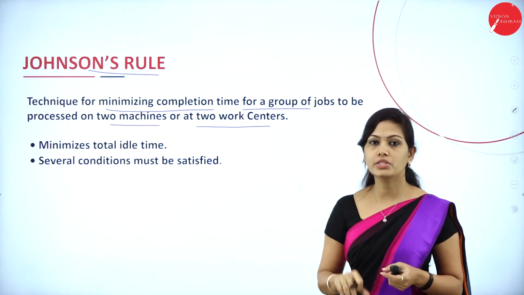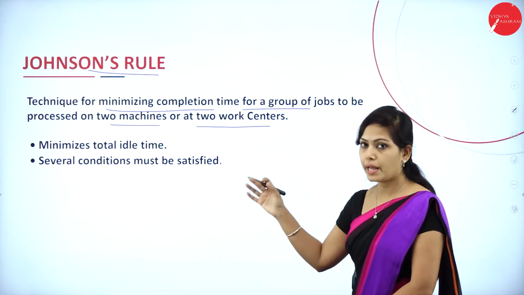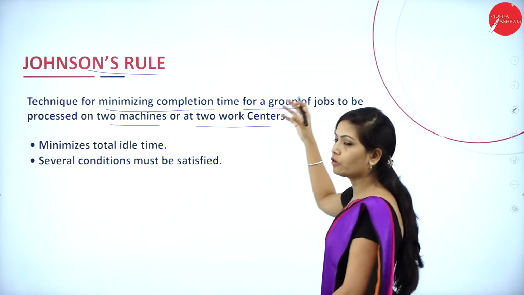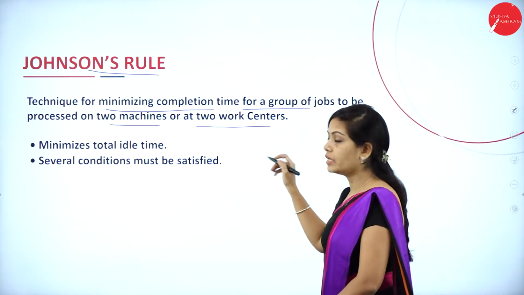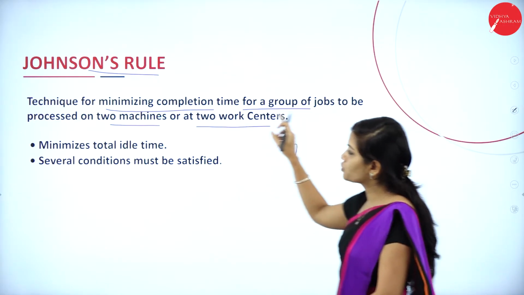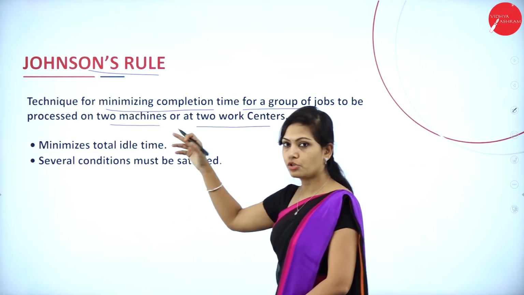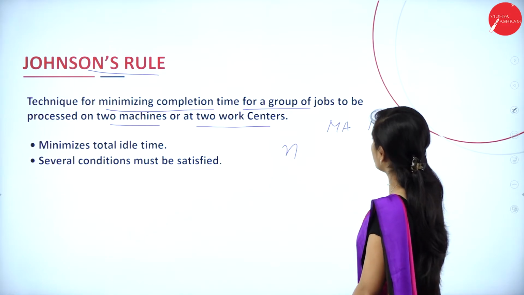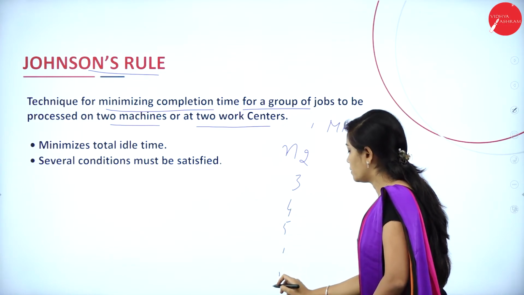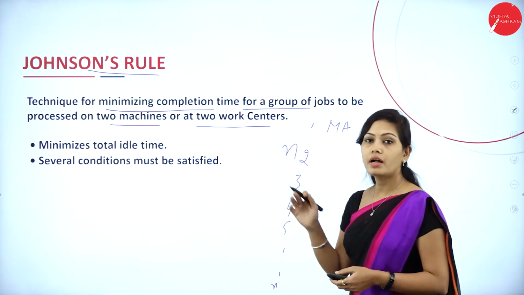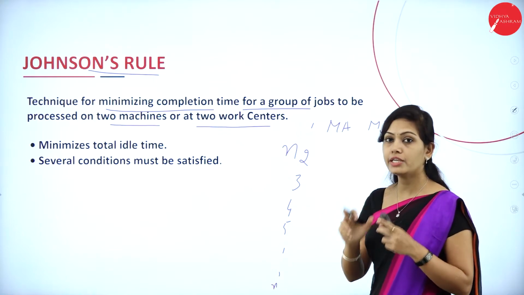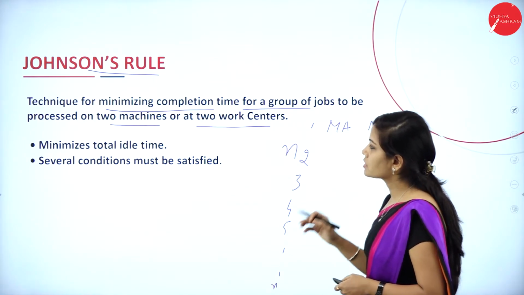If you apply Johnson's rule, we can easily minimize the completion time for a group of jobs, for example n jobs, 1, 2, 3, 4, 5, 6 up to n, processed on 2 machines, machine A and machine B. Clear? So this is called Johnson's rule.